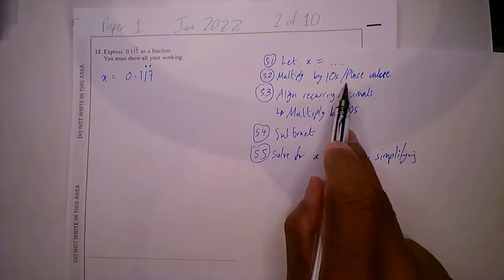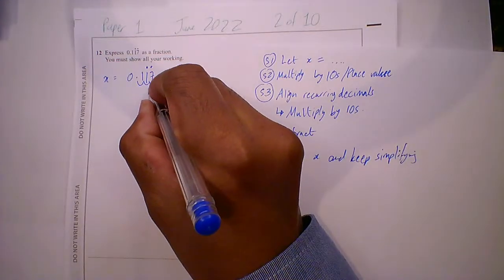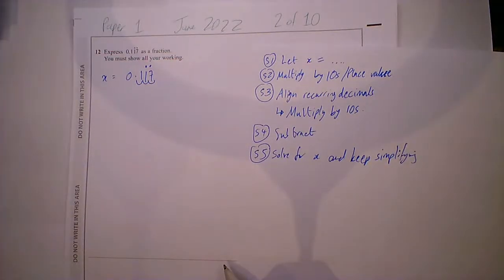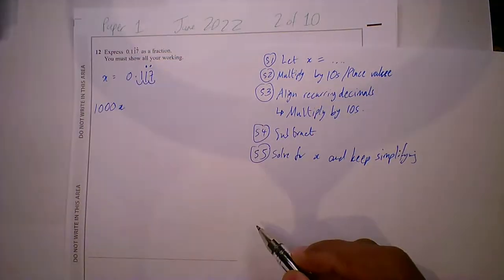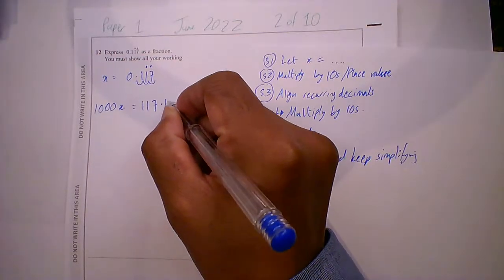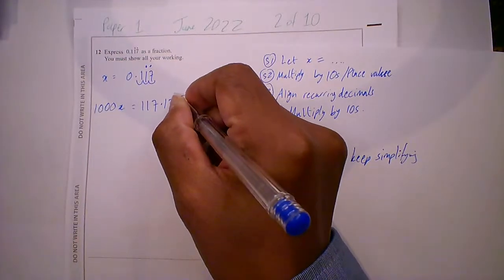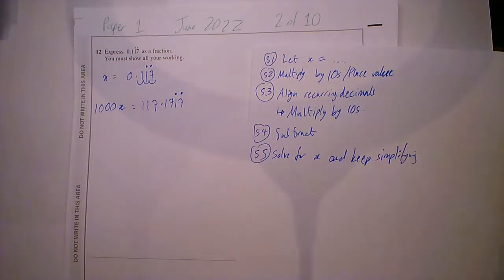So now I want to multiply by my tens so that I get my place values correct. So you can see there are 3 place values there. So this is going to be 1000x equals 117.1717. I'm just writing it out so that I can see. Okay, so it carries on.